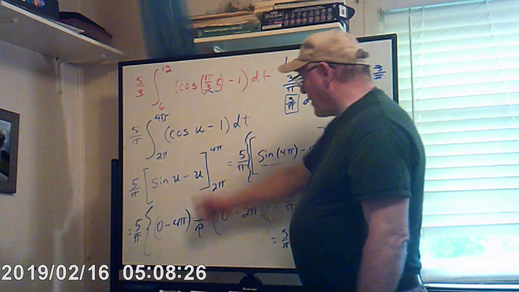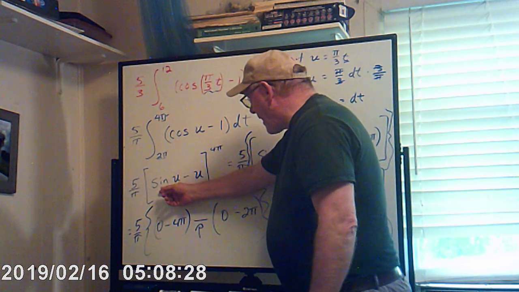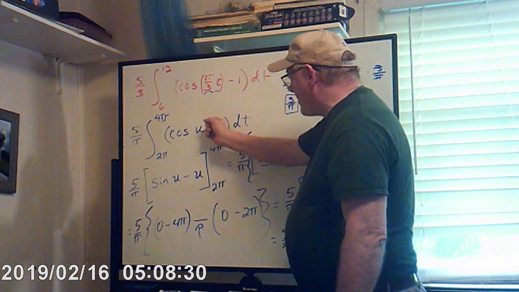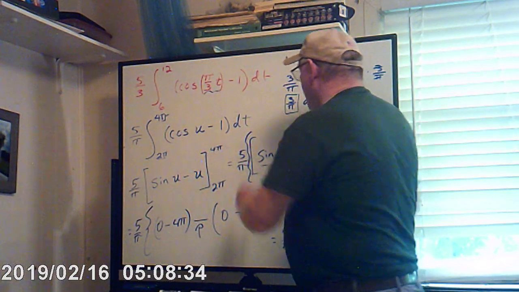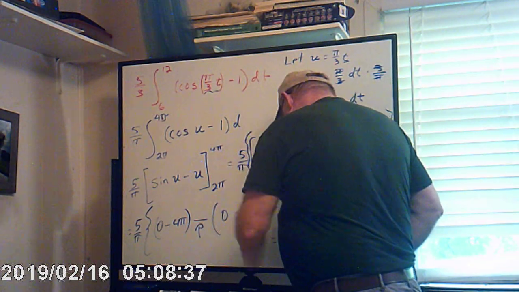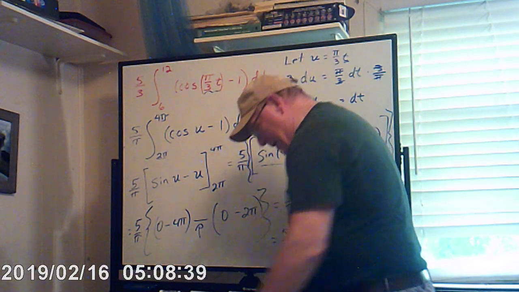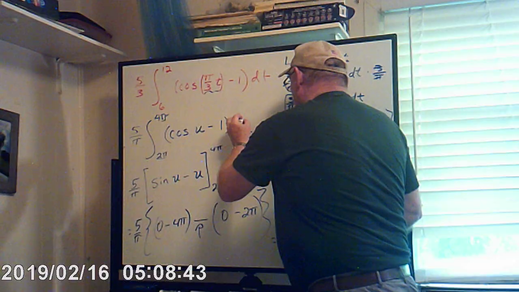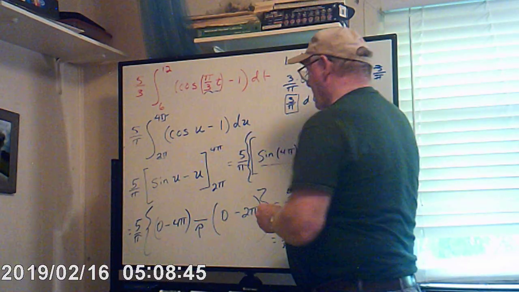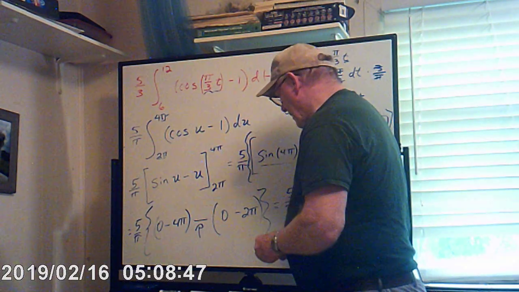Okay, so sine u, and remember that when you do this, this is just u here, and that should not be a t here, that should be a u. So everything's in terms of u. There we go. There it is.